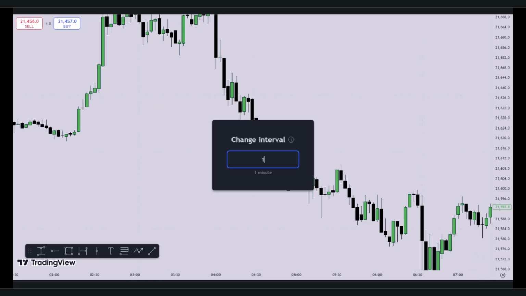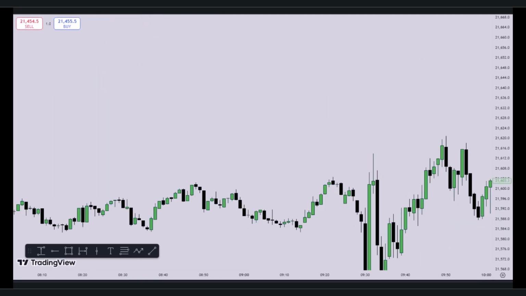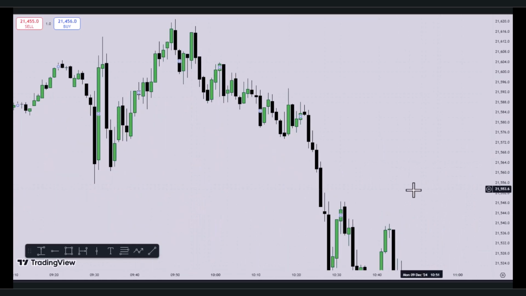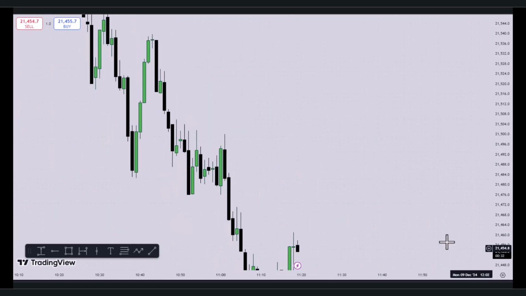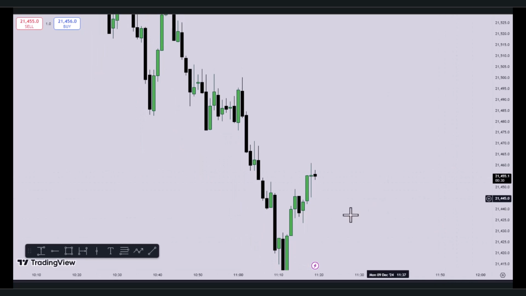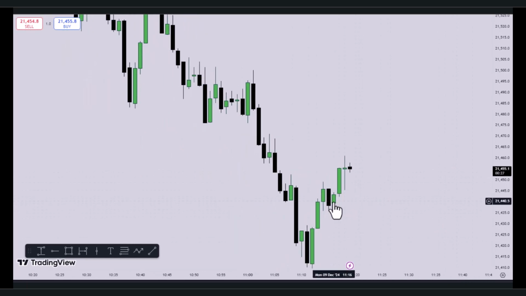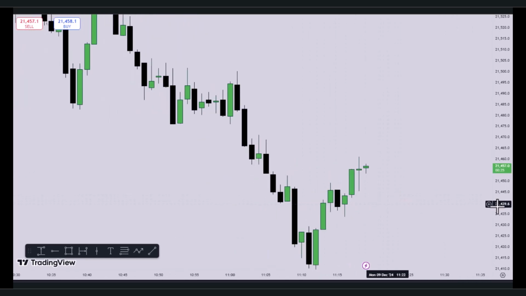Let me see if I can get you some live data. Right here. So we are having our bullish formation there. A bullish candle is an up close candle, while a bearish candle is a down close candle.